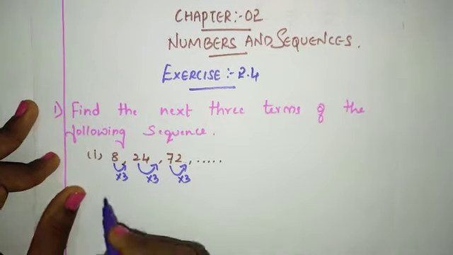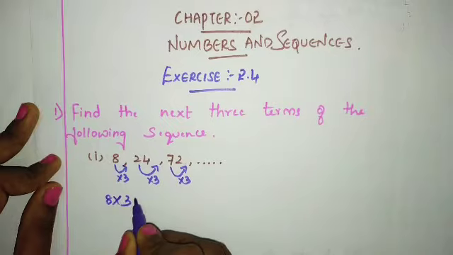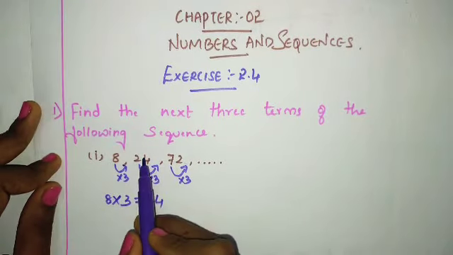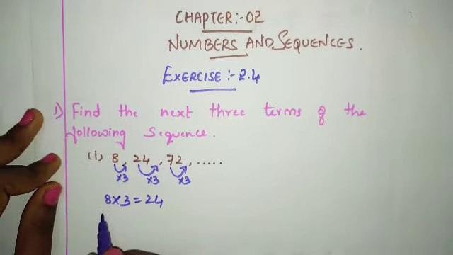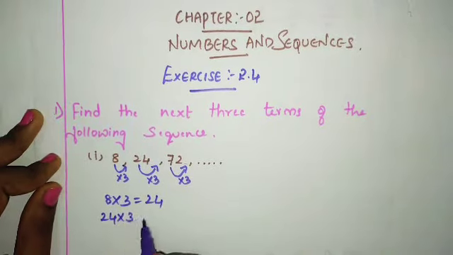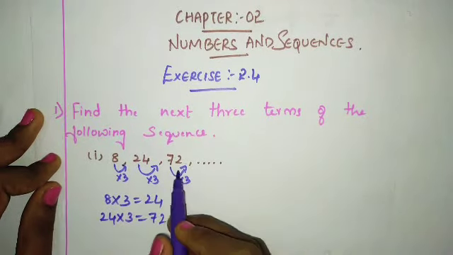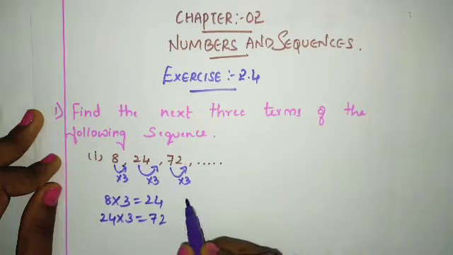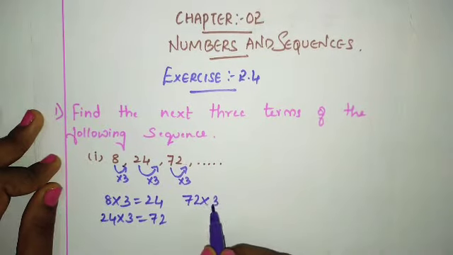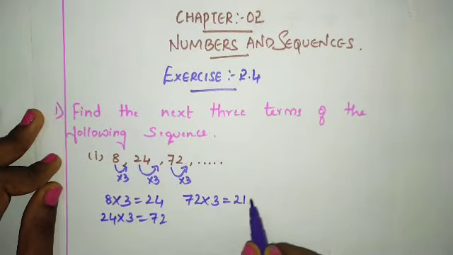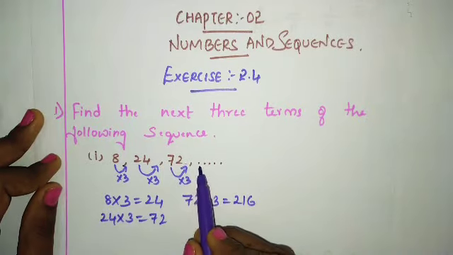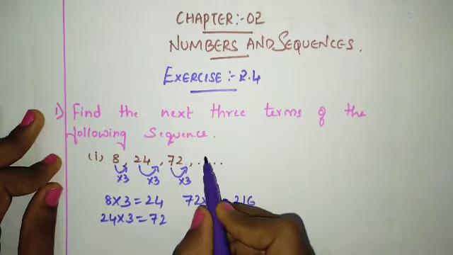Got it? See, 8 into 3 is 24, this number. Next, 24 into 3, that is 72, this number. So now 72 into 3, that is 216. So the next number will be 216.